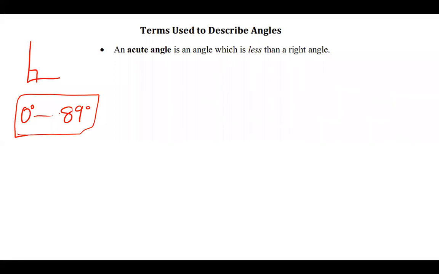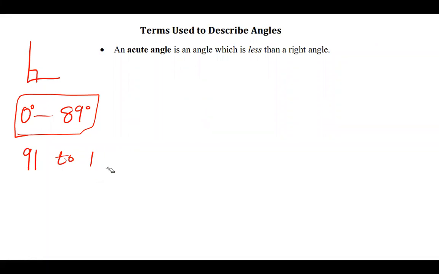And then any angle that is above 90 degrees, we call an obtuse angle. Let me say from 91 degrees to 179 degrees, we call those angles obtuse angles.